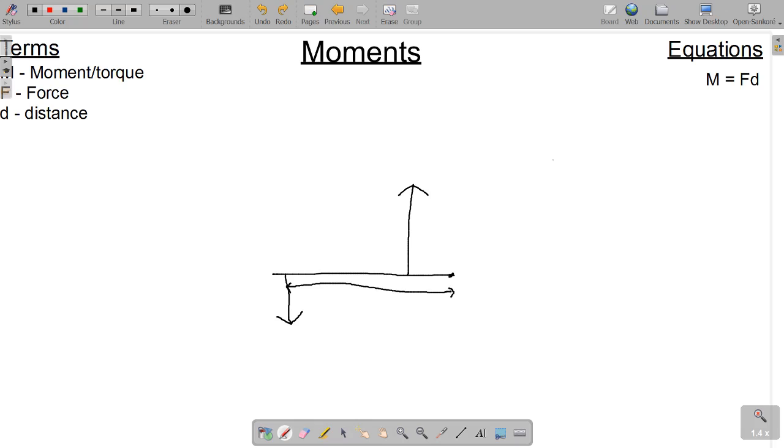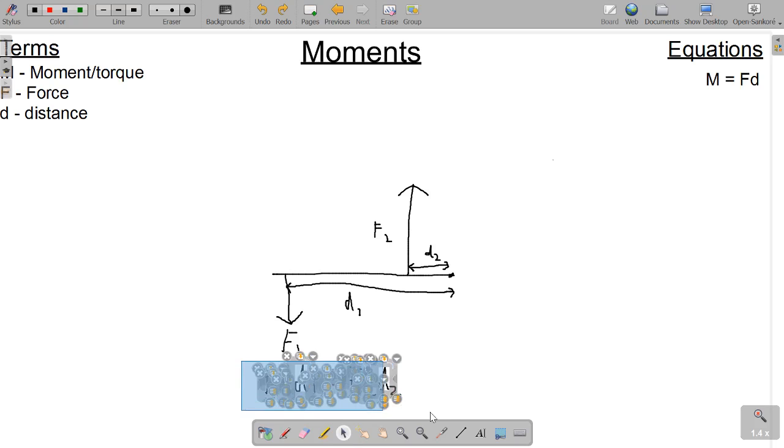So in this case, in the anti-clockwise direction, you have F1, D1, and here you have F2, D2. You know that F1 D1 equals F2 D2.